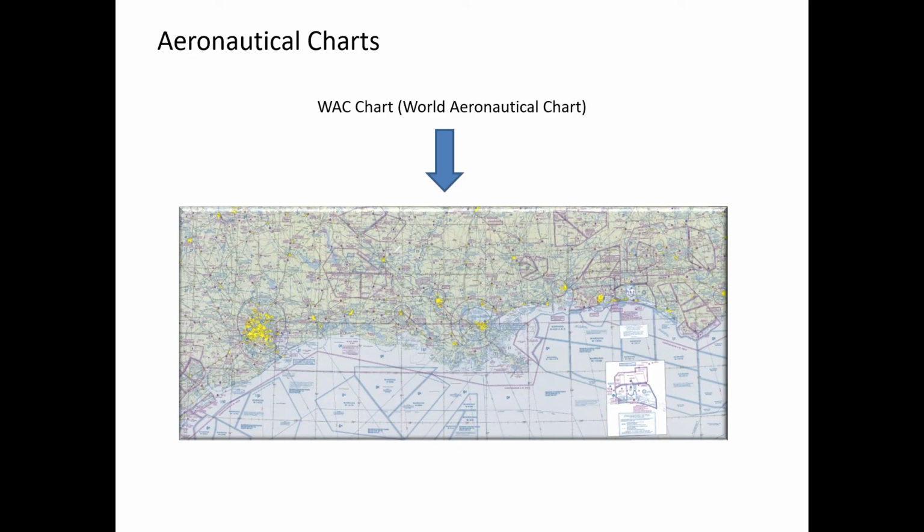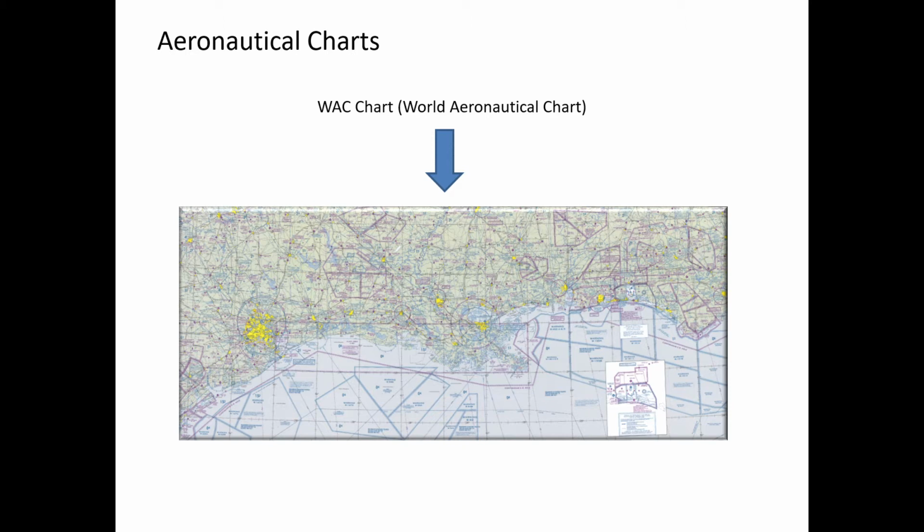There's a third type of chart that we probably will not use as much in our training, but it is available, called the World Aeronautical Chart. It has an even greater scale than the sectional chart, and it covers almost 2 times the area.